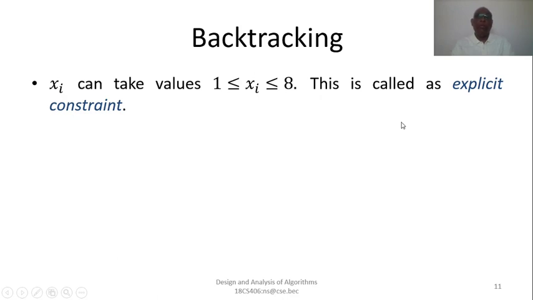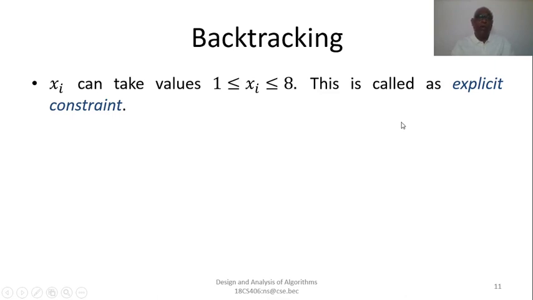Similarly, in the 4 queen problem, xi can only take on the values of 1, 2, 3, 4. So this constraint that xi can take on only a particular set of values is called the explicit constraint. In any problem, the values that the variable xi can take on is called explicit constraint.